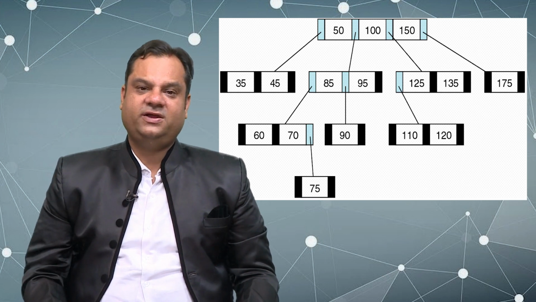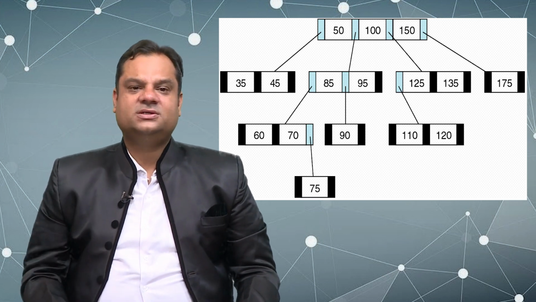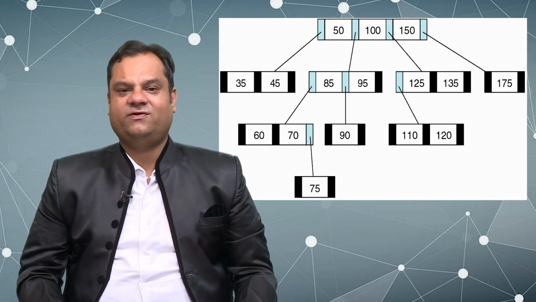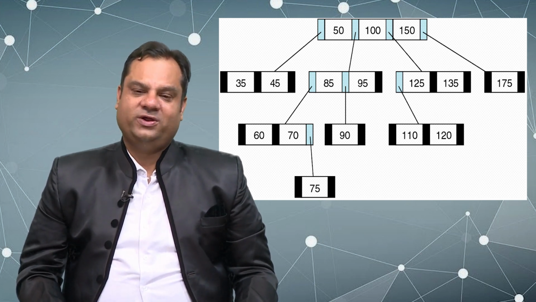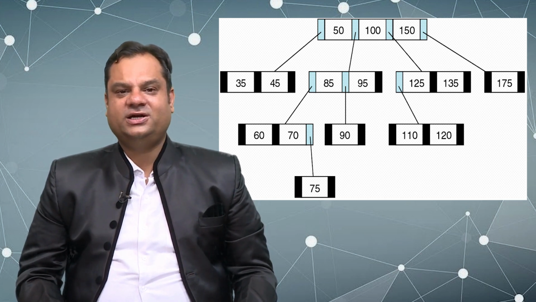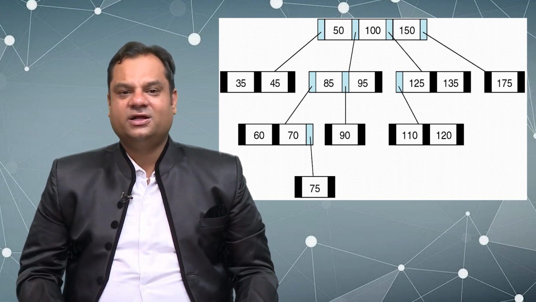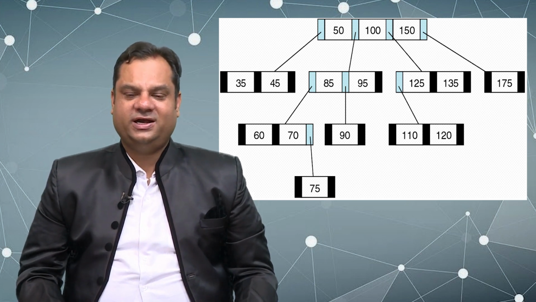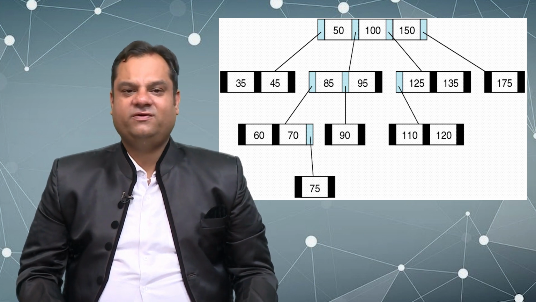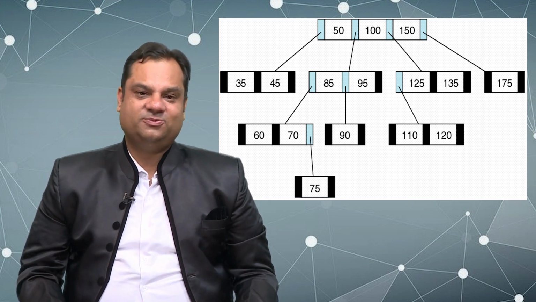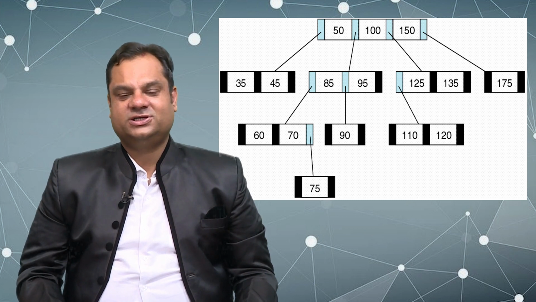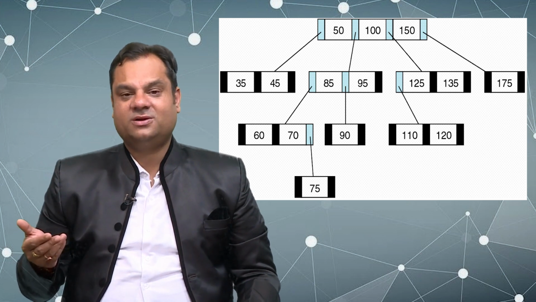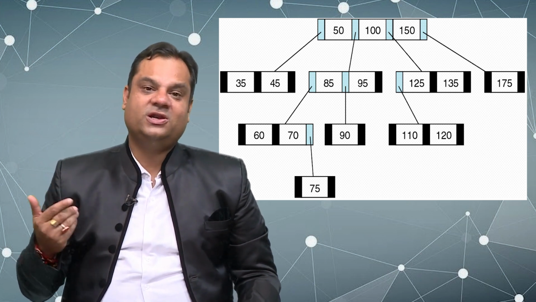Talking about the second level, that is 60 and 70. 60 and 70 both are greater than 50. So we go for the right child of 50, which is in between 50 and 100. The children are 85 and 95. 60 and 70 we can't insert both at the same position because here we have a restriction of order M. We can insert a maximum of 3 keys.